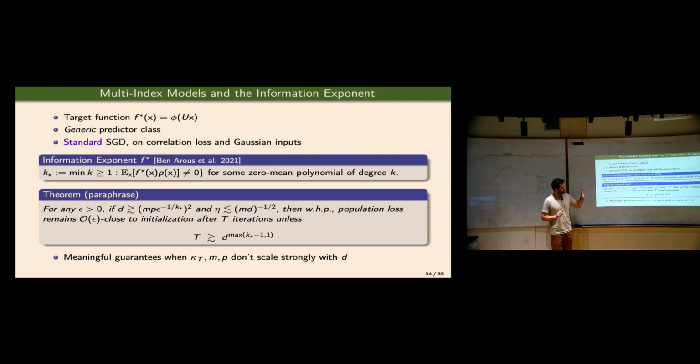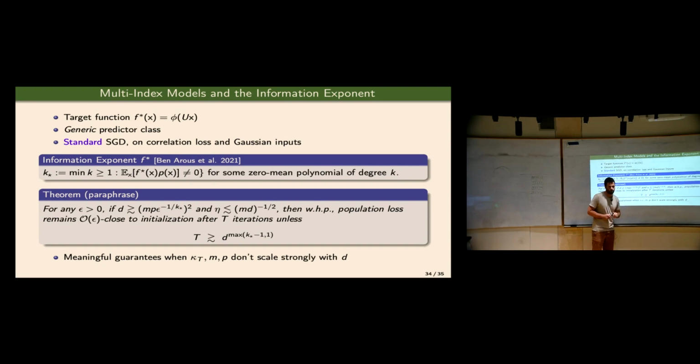You can show that this is very related to how hard it is for SGD, because if this k star is very large, the gradients are not going to be very helpful. That's the technical thing, and I'm not going to talk too much about how we derive these bounds on the gradients. But if you're willing to believe that, then you can show that the number of iterations you need with SGD roughly grows like d to the k star minus 1.